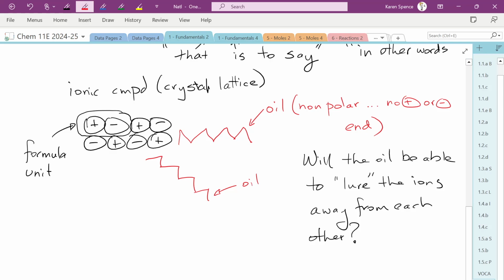And there's lots of oil molecules. Have a little chit chat about that. Decide what you think.